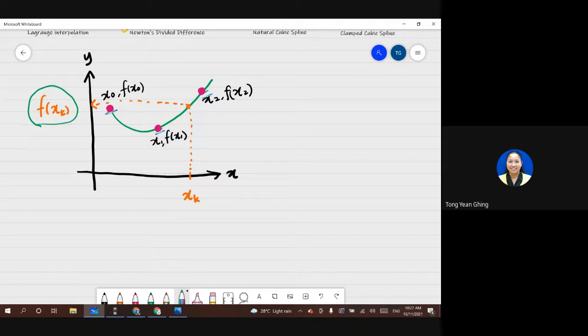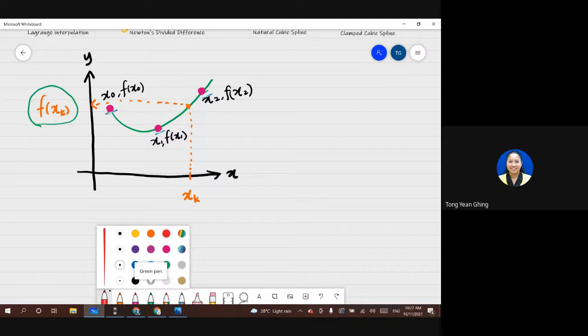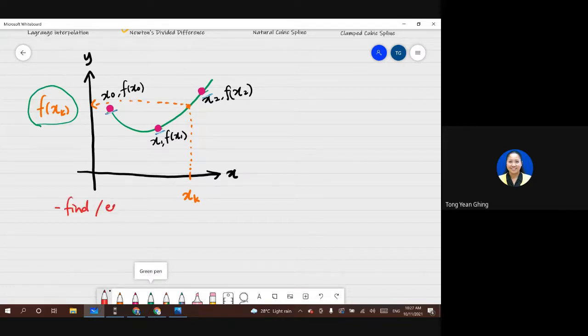So in Lagrange interpolation, basically we want to find, or estimate, a missing function value. This is one of the functions, a polynomial.